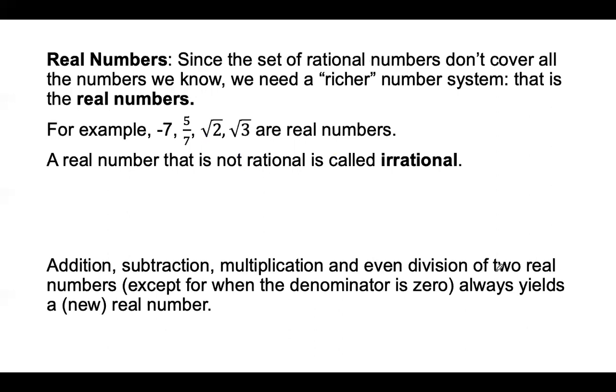So since the set of rational numbers doesn't cover all the numbers, we know we need a richer number system, and that is the real numbers. The real numbers are things like an integer, -7, 5/7 is a rational number, square root of 2, square root of 3. These are all considered real numbers.